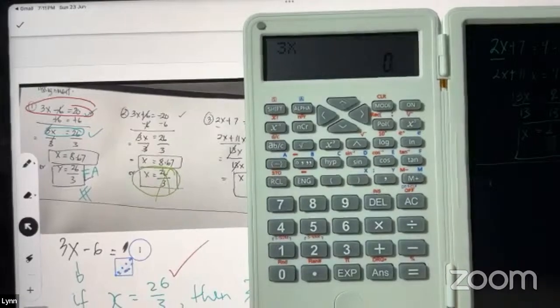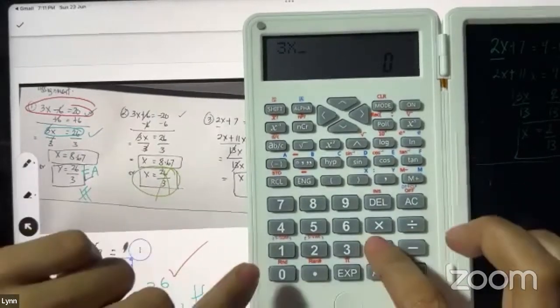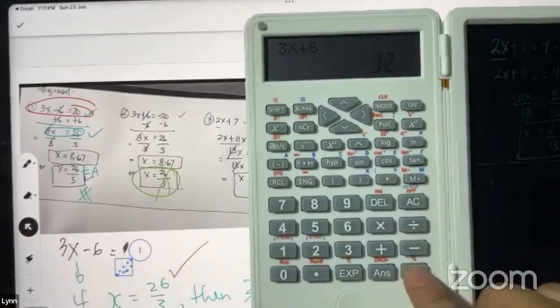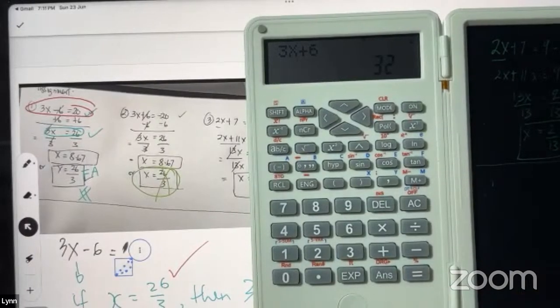Yes, and then plus 6. Okay, equals 32. 32 is not minus 20. Do you understand what I'm saying? Therefore, your answer is wrong for number 2.